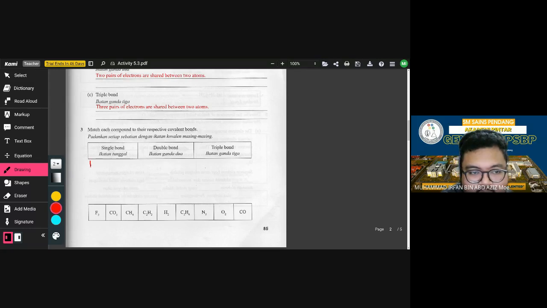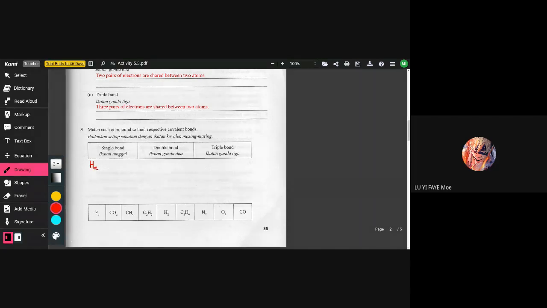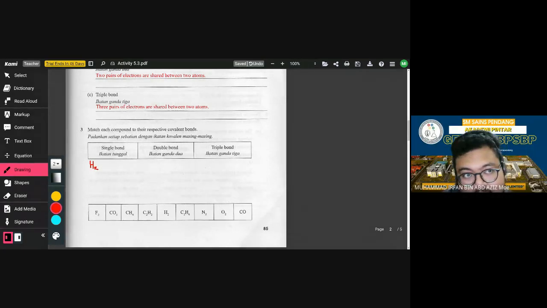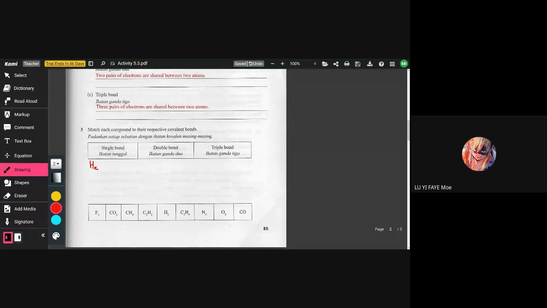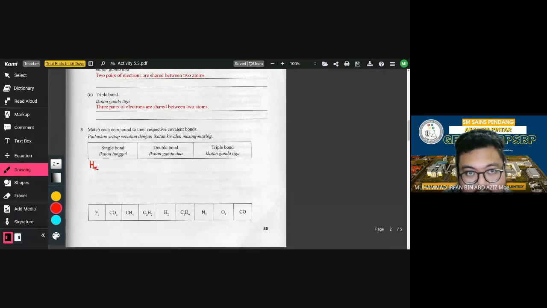H2 means hydrogen gas. You need to know the difference between hydrogen. If you say hydrogen, whether it's hydrogen atoms or hydrogen gas, because a hydrogen atom is only H. But if it is hydrogen gas or hydrogen molecules, it is H2. So that is the difference.